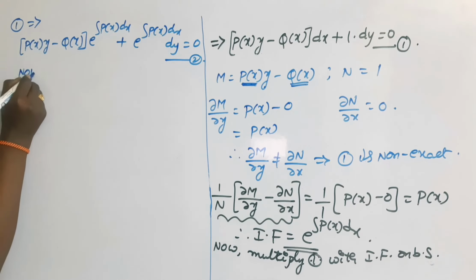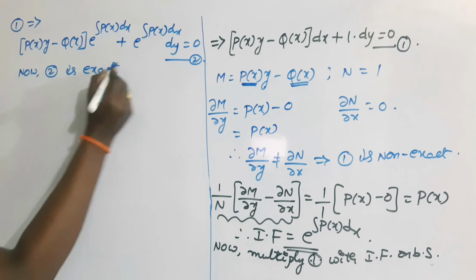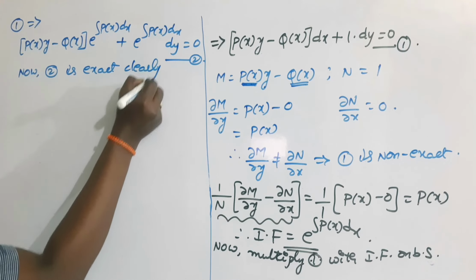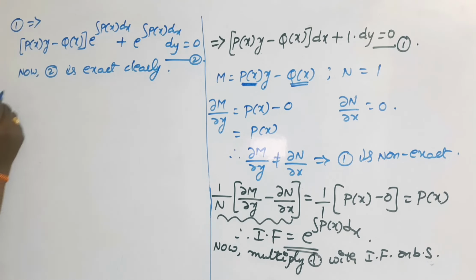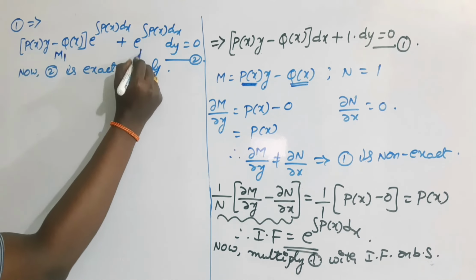Now 2 is exact clearly, because we are multiplying with the integrating factor. Okay, so what are the new terms? This is m1 and this is n1.